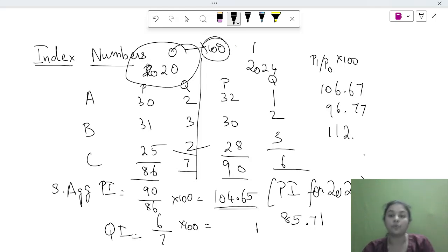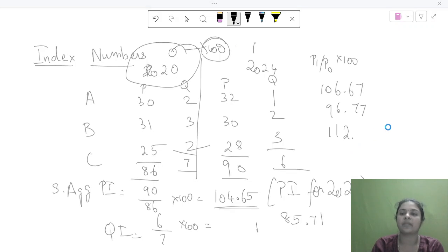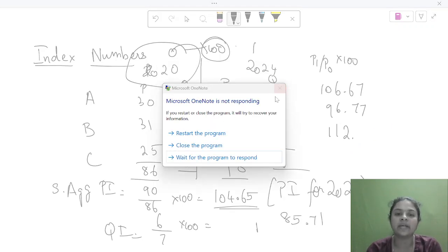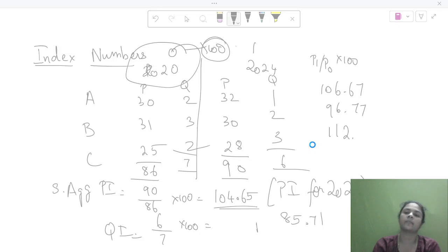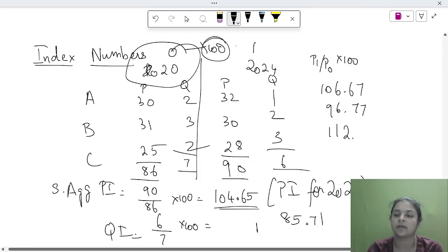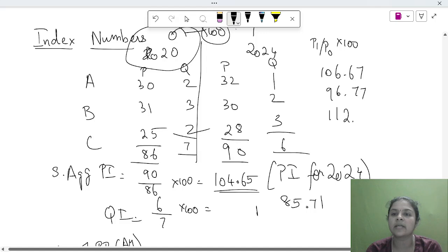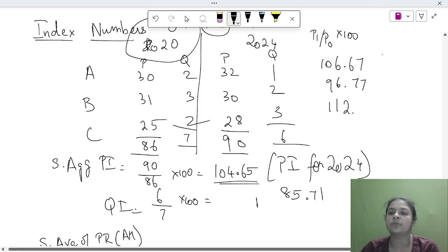Okay. Now, if it is GM, this is the method, and if it is AM, this is the method. The first step is common. Now for AM what we need to do is, these three values we need to take the total and then divide it by 3.